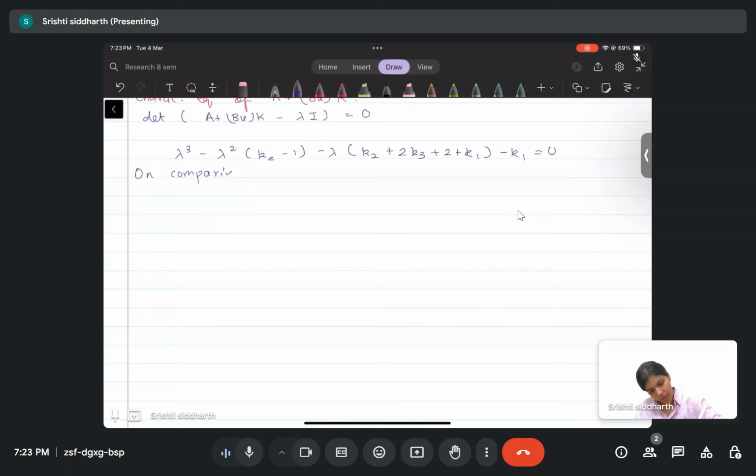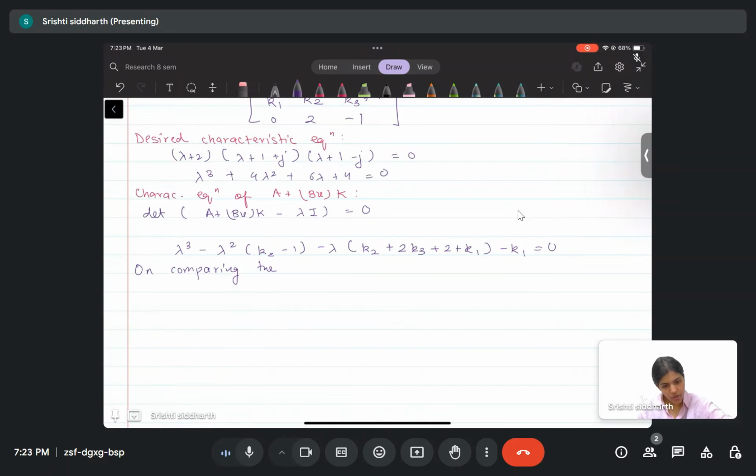And now on comparing the coefficients, let's say comparing the coefficients of lambda one and two. We get that 4 should be equal to 1 minus K2. Let's simplify that.